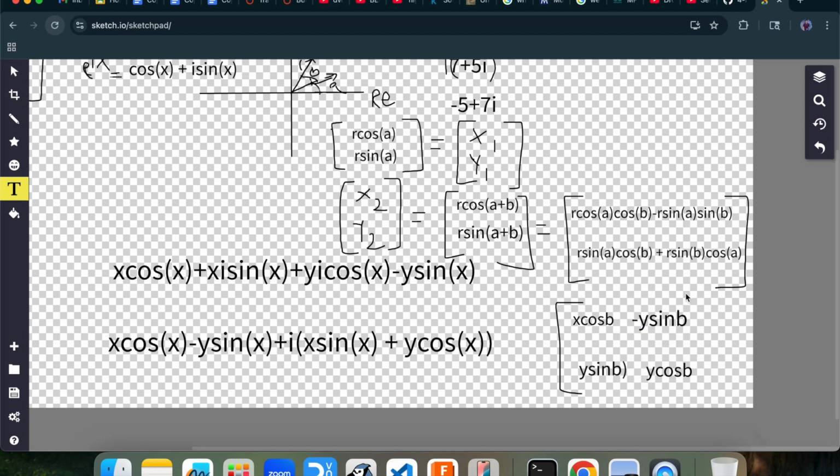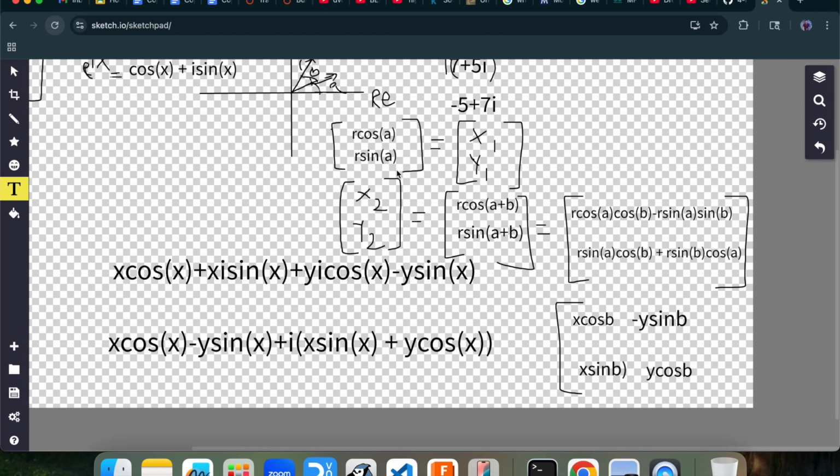Wait, this seems off. Let's just double check. R cosine A is x, so x cosine B. R sine A is y, so y sine B.